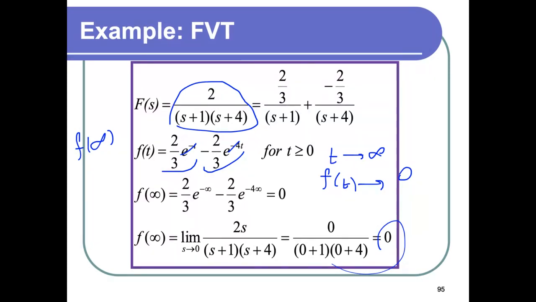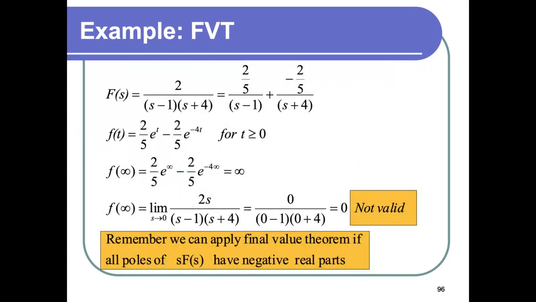Okay. Now let's take another example, in which we have a positive pole. So the final value theorem does not apply. But let's take the inverse Laplace transform. And we have 2/5 e^t minus 2/5 e^(-4t). Because this is a positive exponent, f of t will diverge. It will go to infinity as t goes to infinity.